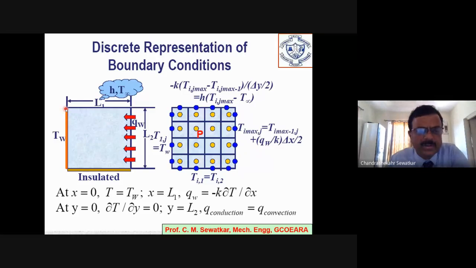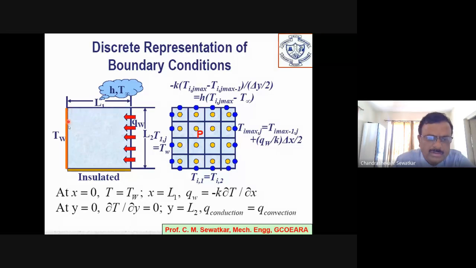The first and simplest boundary condition is when this boundary is maintained at some constant temperature. So I can say at x equal to 0, T is equal to Tw. Then I can also say T1j for all j's, where i is equal to 1, is equal to Tw.